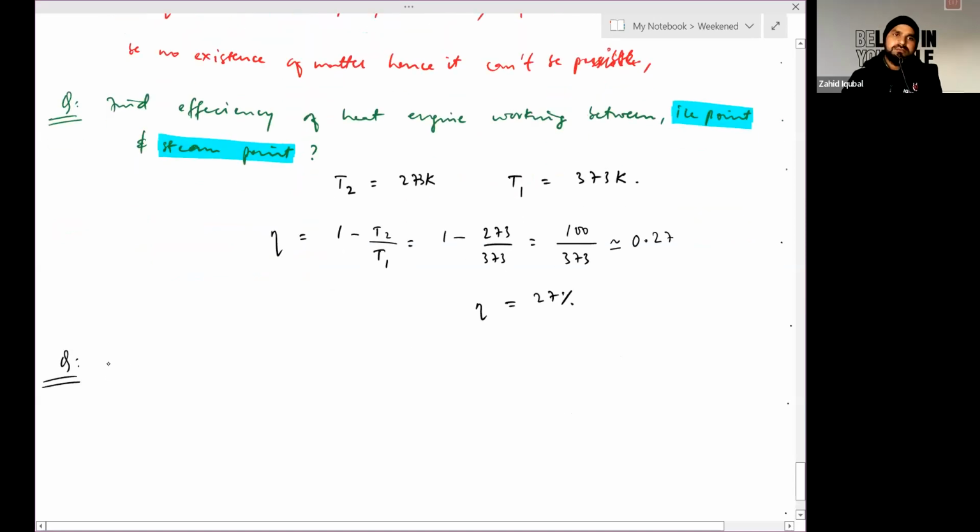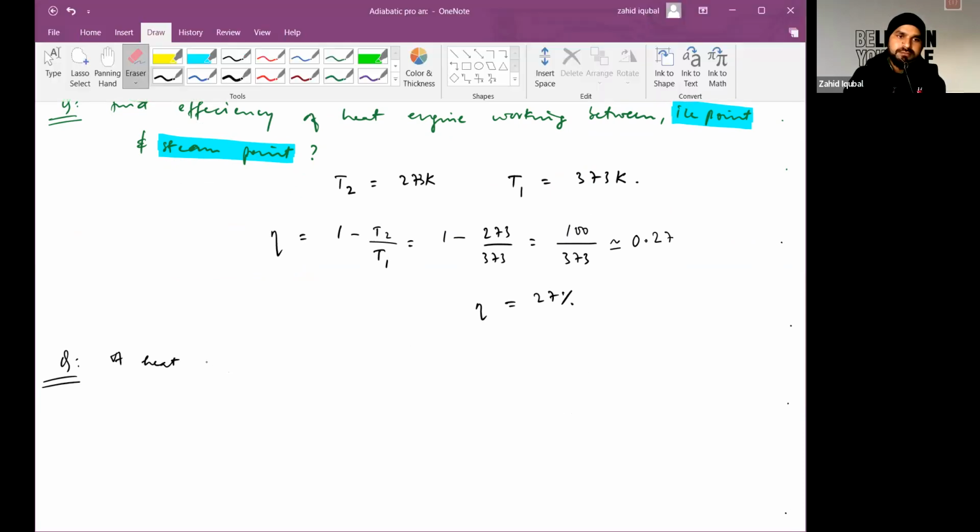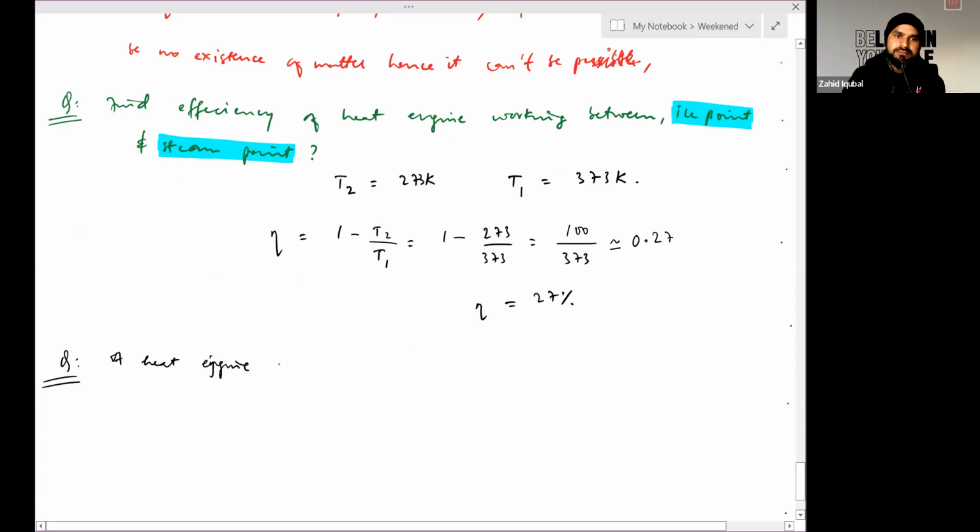Let me give you another question. A heat engine working between 27 degrees Celsius and 127 degrees Celsius absorbs 8 kilojoule heat per cycle.